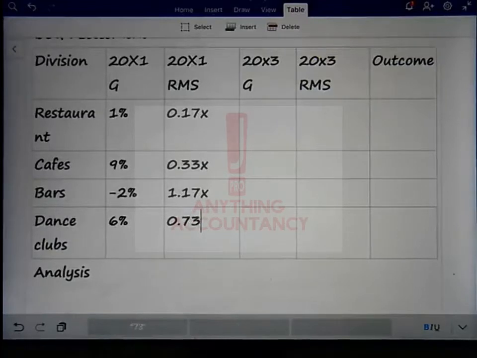Did you get this one? Yes, no? Did you get all of these numbers?